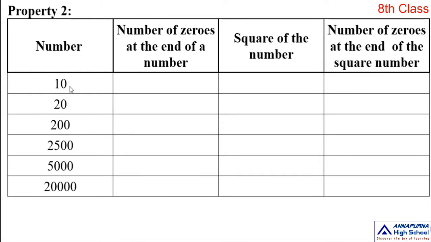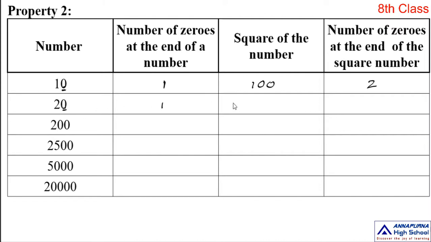First number is 10. So how many zeros are there? 1 zero is there. Okay, and 10 squared value is 100. So at the end of this square number, how many zeros are there? There are 2 zeros. Okay, the second number is 20. So at the end, how many zeros are there?